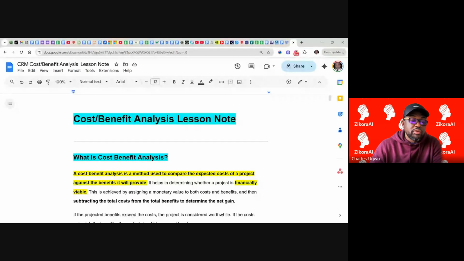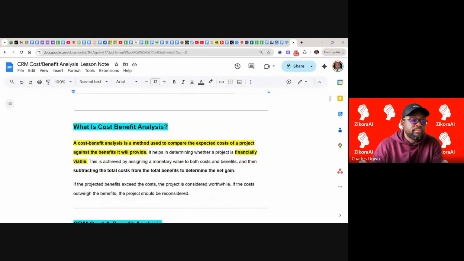So what is our note saying about cost benefit analysis? A cost benefit analysis is a method used to compare the expected cost of a project against the benefit it's going to provide. It helps in determining whether a project is financially viable. Like I said, viability.